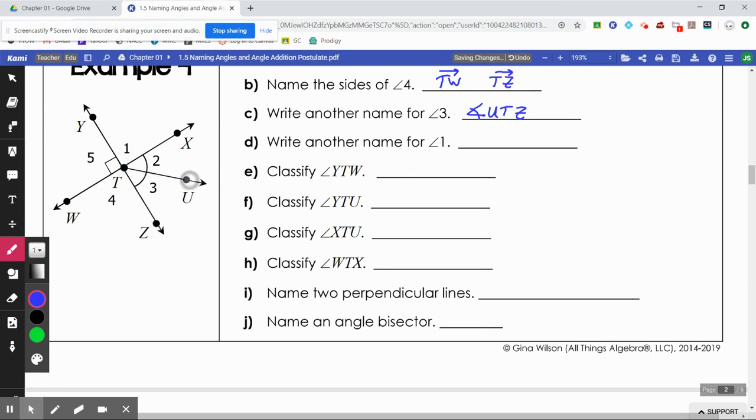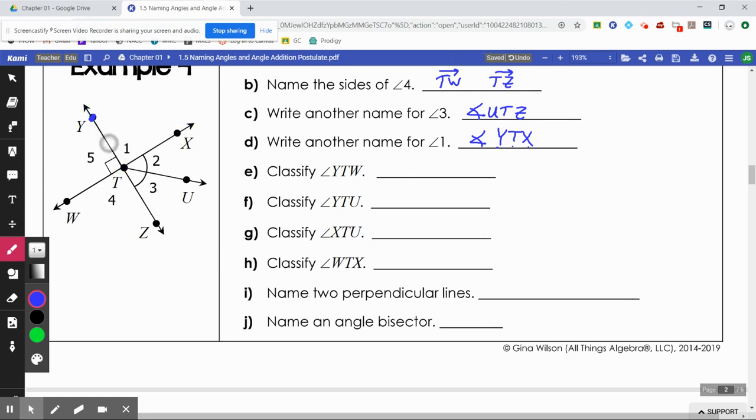Another name for angle 1. Here's a 90-degree angle 1 right here. So another name for that, again, make sure that you use the letters. That'd be angle YTX, or you could say XTY, as long as T is in the middle.